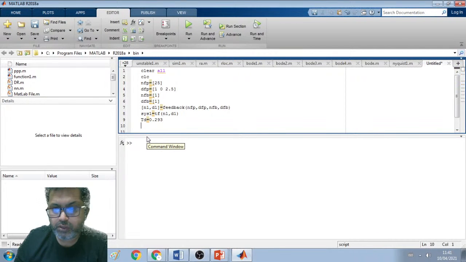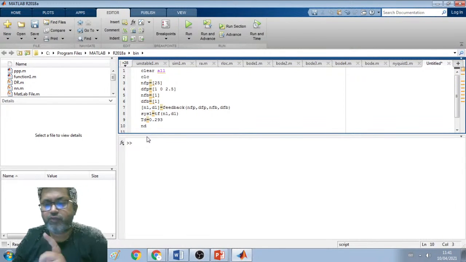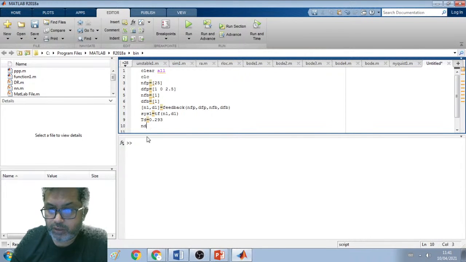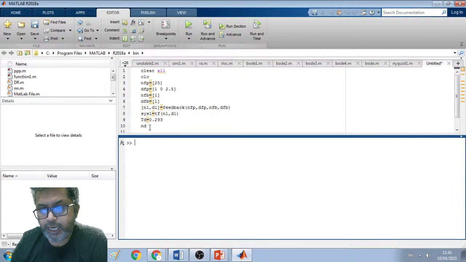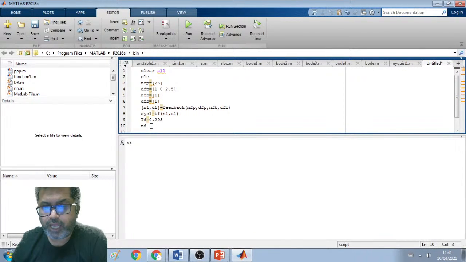What was the numerator, denominator? This is 1 plus TD s, the transfer function, 1 plus TDs or s TD plus 1. So what is the numerator? In terms of s, this is TD and 1.